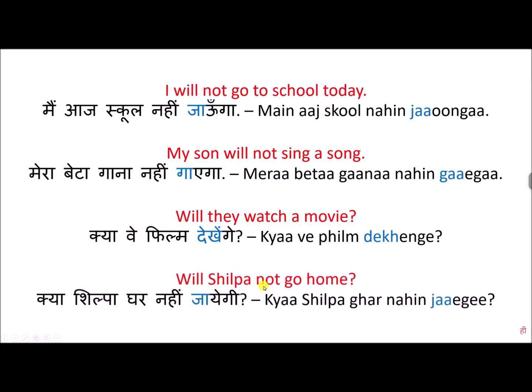Will शिल्पा not go home? क्या शिल्पा घर नहीं जाएगी? शिल्पा is शिल्पा, घर is home, नहीं is not, जा is go, एगी is will. क्या शिल्पा जाएगी is will शिल्पा go. क्या शिल्पा नहीं जाएगी is will शिल्पा not go.